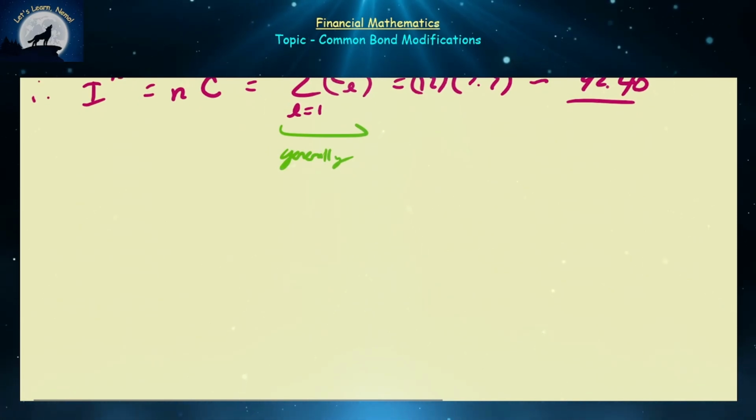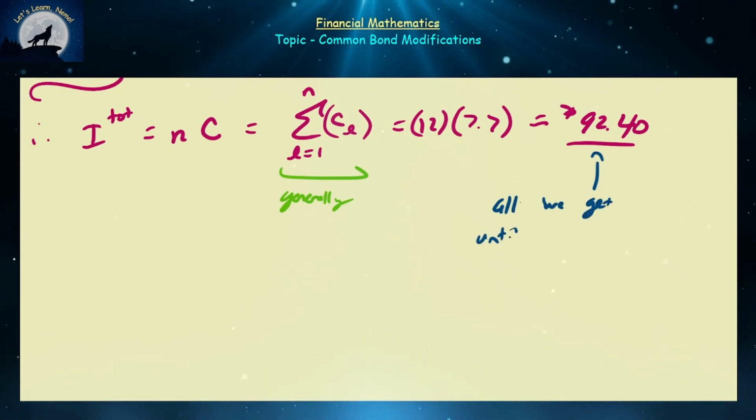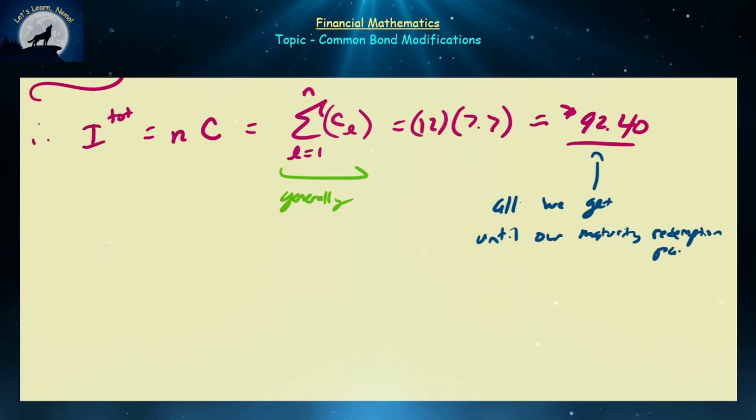So what is this $92.40? That's all we get until our maturity redemption value, the redemption payment. All right. So here's a question that you should be able to think about.